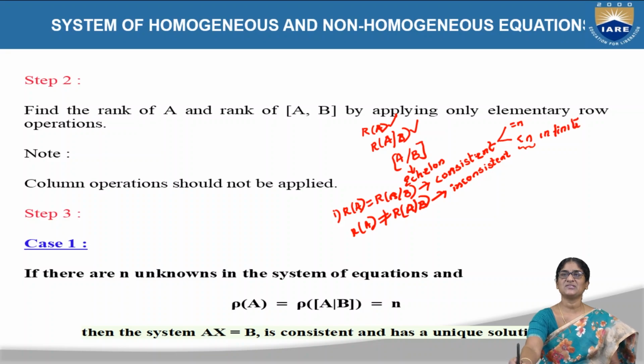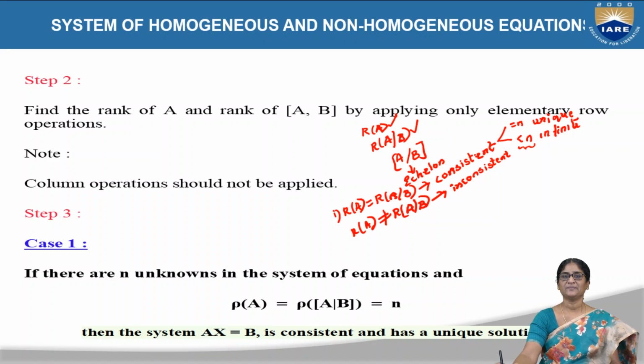And if both are equal and equal to the number of variables, then it is nothing but the unique solution. That means one and only one solution you can find for that type of linear equations. So this is a method of finding the solutions of a linear system by using matrix tools.